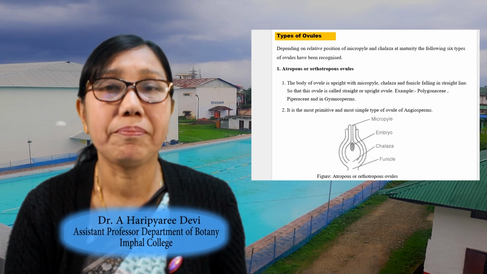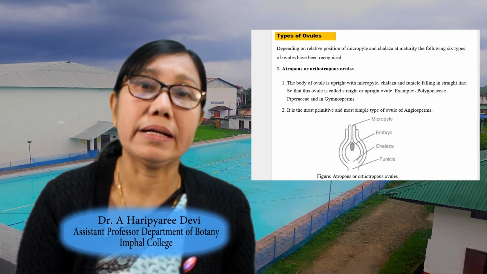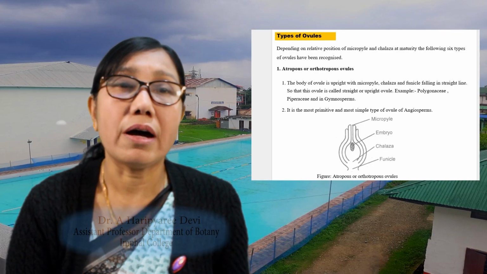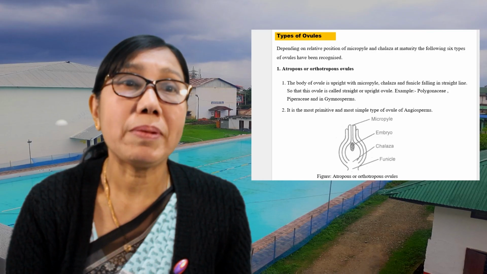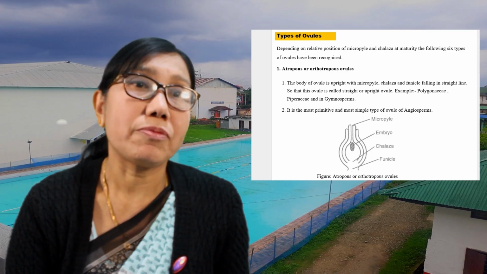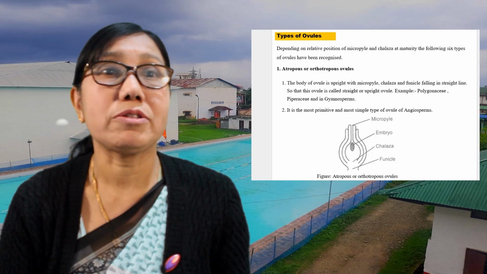Number one is the orthotropous or atropous ovule. These two terms are synonymous. You should be clear about these two synonymous terms. Atropous is another name of orthotropous ovule.